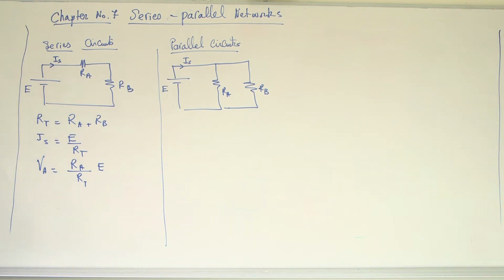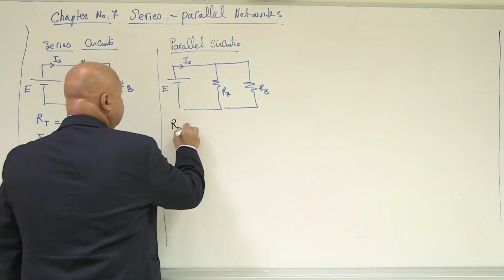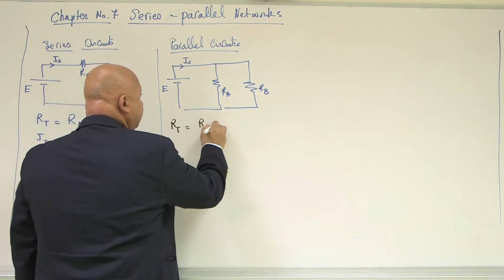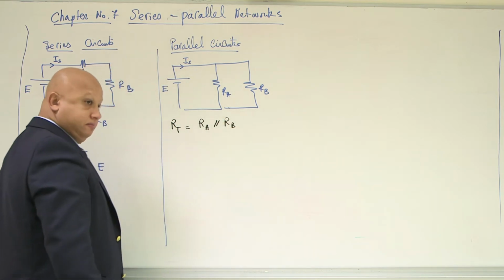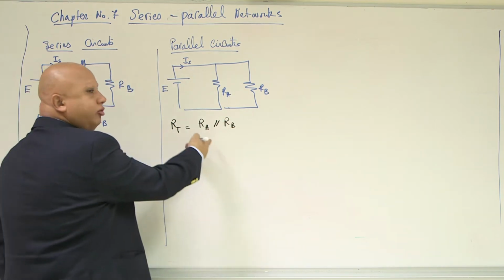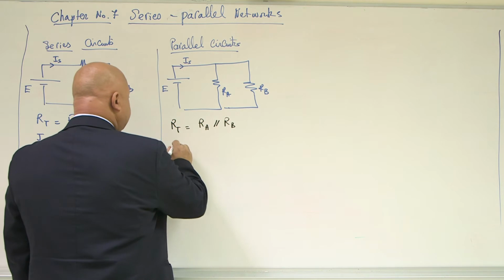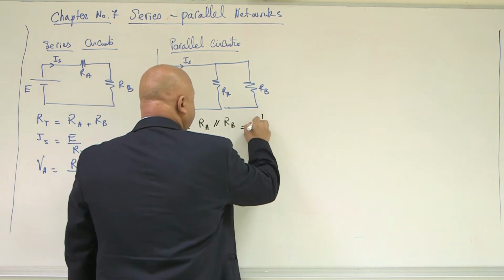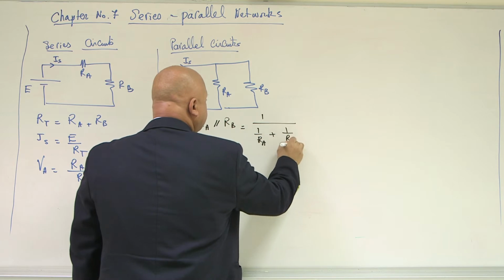What do you know about parallel circuits, gentlemen? R total equals RA in parallel with RB. And you know how to calculate the total resistance for parallel connections. Of course, it is 1 over RA plus 1 over RB.